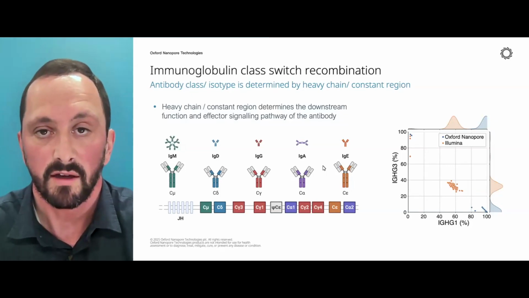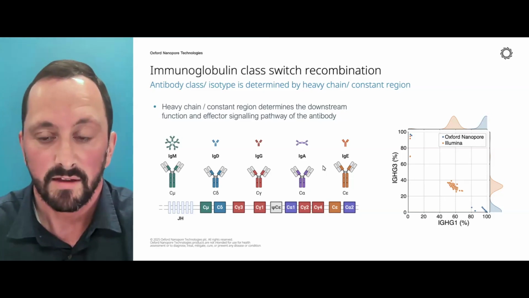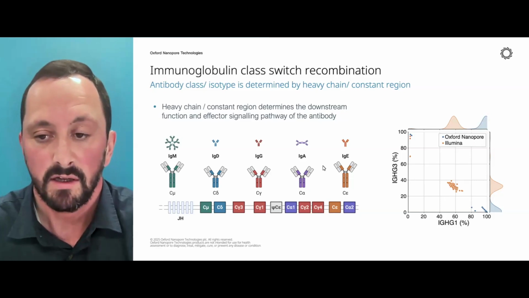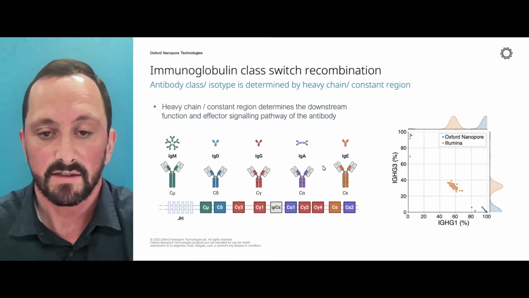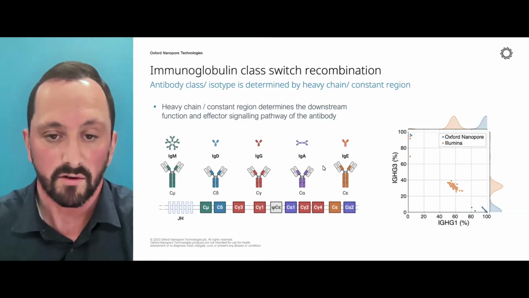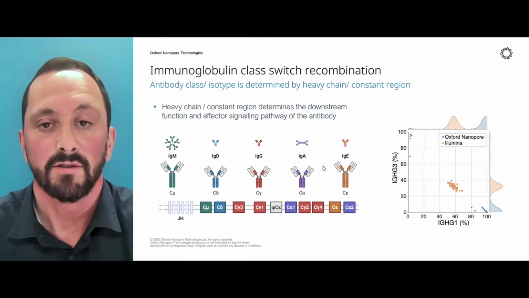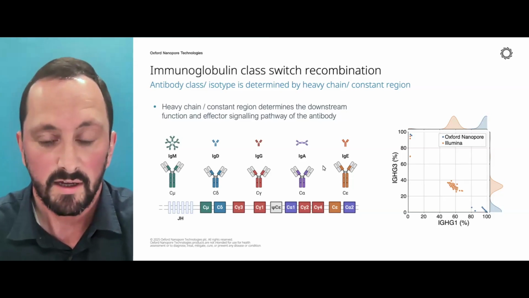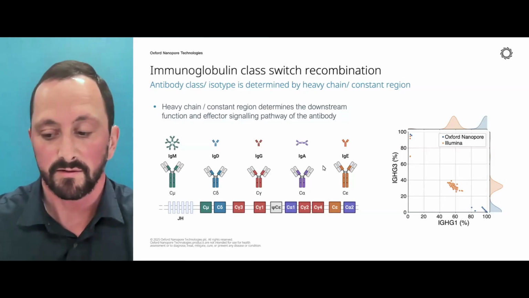And we know that the short read data sometimes is not able to resolve things like IgG1 versus IgG3 subtypes. With the full-length antibody consensus sequence, you can get the full constant region, and that informs what the downstream biology of these antibodies is. So the long reads help you to resolve not just the variable part of the antibody, but also the constant region.